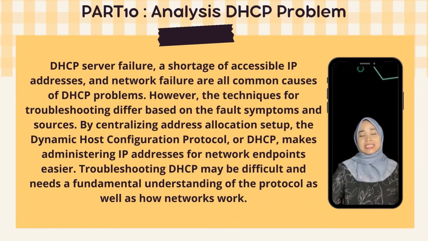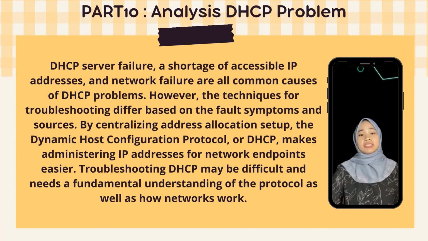Next, for part 10, analysis of DHCP problems. DHCP server failure, a shortage of accessible IP addresses and network failure are all common causes of DHCP problems. However, the techniques for troubleshooting differ based on the fault symptoms and sources.